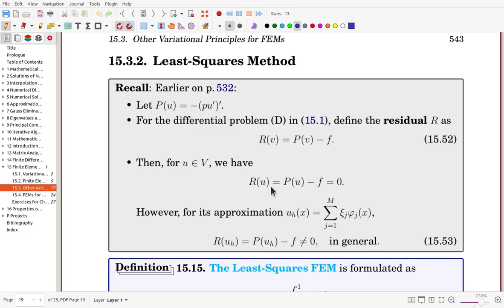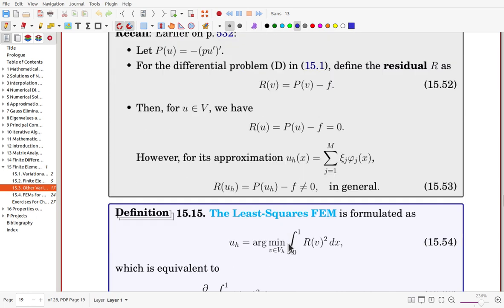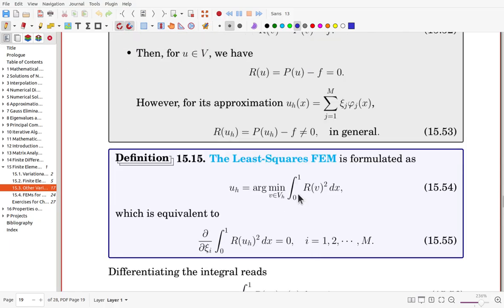However, for the approximated solution U sub h, the residual is not 0 in general. So that in this least squares FEM, we try to minimize just this residual squared. So it's called the least squares FEM. Now that residual squared is minimized, and the minimizer is the solution. In this way, the method is trying to find the approximate solution.